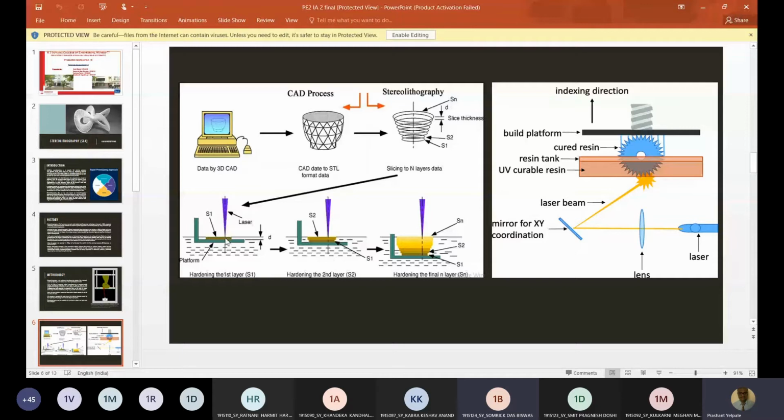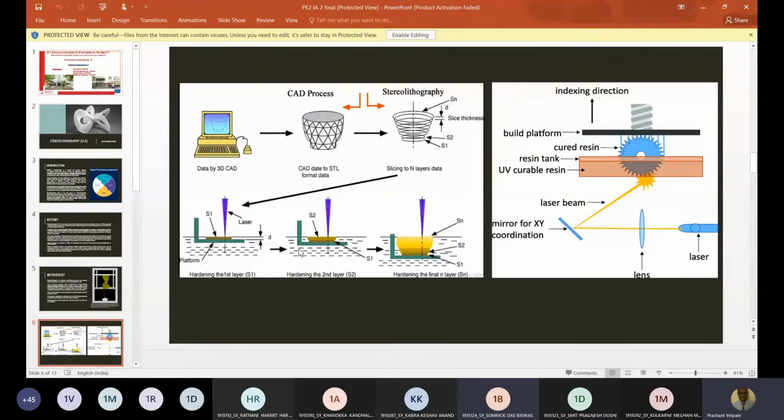Then this laser, focused onto a very sharp and fine point, solidifies that layer. Then the entire platform goes down by some predetermined level, and again the top layer is covered with resin. Then again the laser solidifies the next layer, and this process continues until we get all the layers necessary.